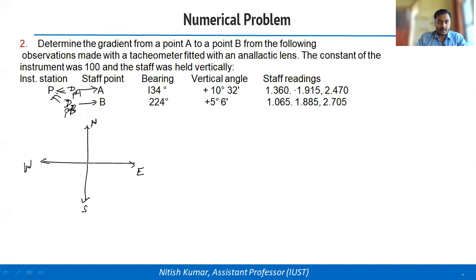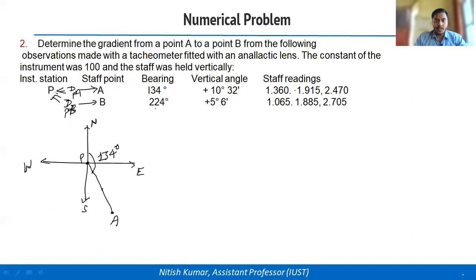Suppose P is here, this is P. So this is given 134. Where will it come? It will come around somewhere here. This is A.